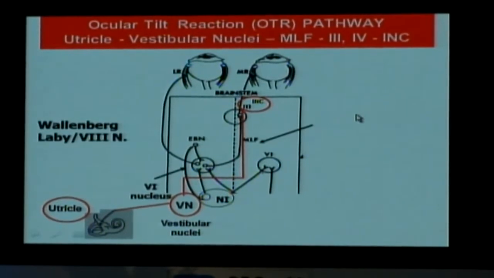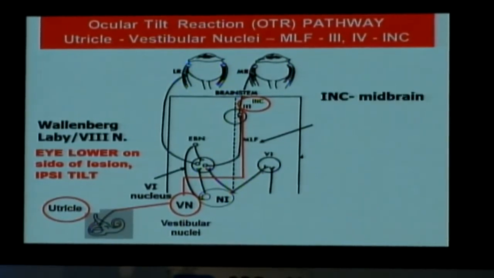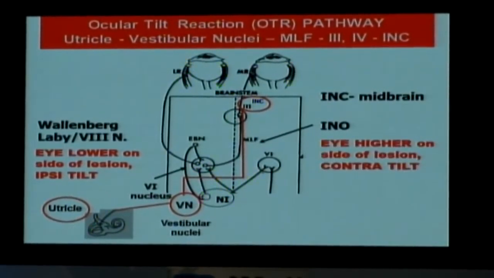In Wallenberg's, and with an acute, big labyrinthine lesion, the eye is lower on the side of the lesion, and the tilt is toward that side. With lesions in the midbrain and in the medial longitudinal fasciculus causing internuclear ophthalmoplegia, the eye is higher on the side of the lesion, with contralateral head tilt.